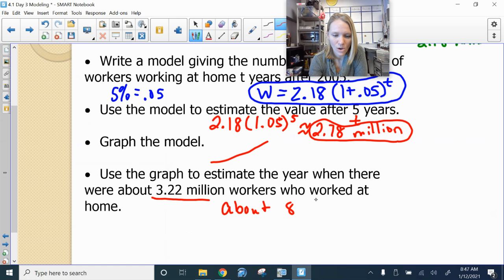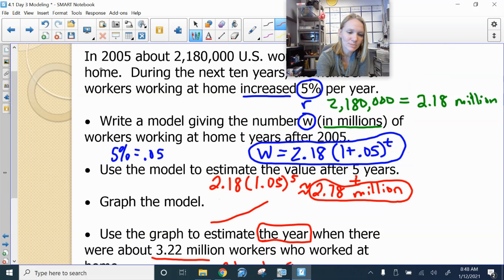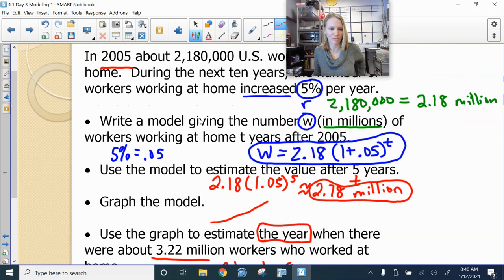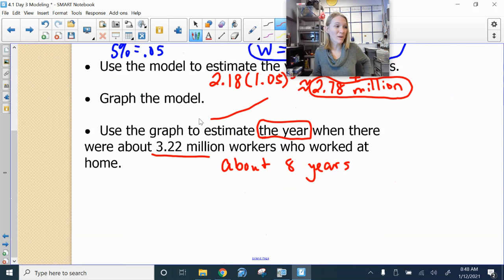But it doesn't say how many years, it says the year. So we want to know which year it is that they have about 3.22 million workers. Our model starts from 2005, so about 8 years after that, 2013.